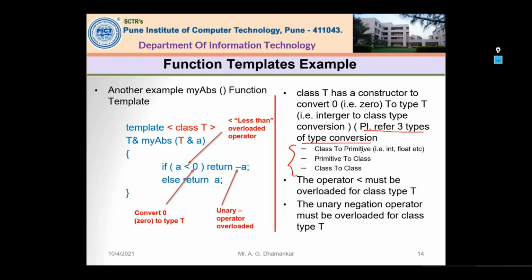Class to primitive type, meaning integer, float and character, whatever primitive types are our predefined types; user defined type to primitive type. First, primitive type to class type, second, and class to class type. How to convert this, for this there is a complete section in C++. Please go ahead, without which you cannot do such things in function overloading.